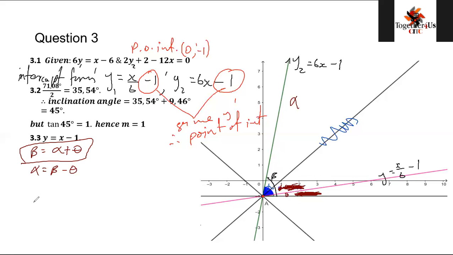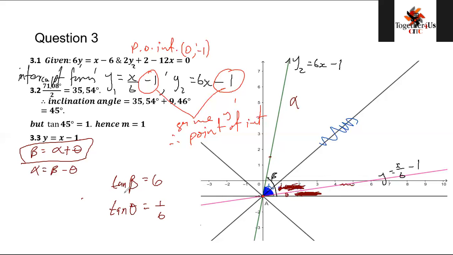Tan beta is equal to 6 because that's the gradient of this line here. Do we know theta? Yes, we know theta. Tan theta is equal to 1 over 6 because that is the gradient of this line here.